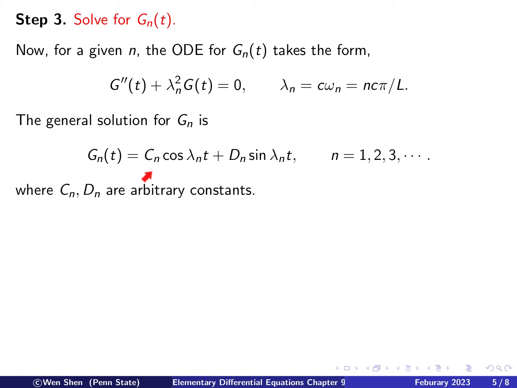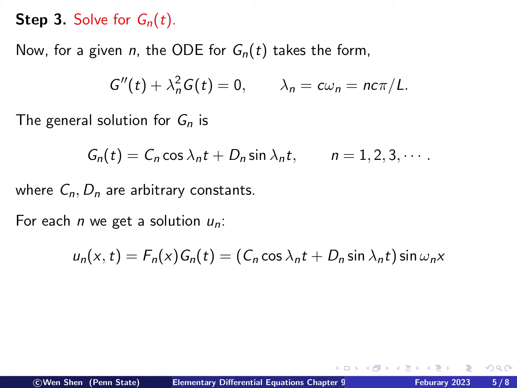So multiply this by c_n and multiply this by d_n, and you add up. Here the constants c_n and d_n are arbitrary. We have not imposed any conditions yet. And we have infinitely many of them for each n equal to 1, 2, 3 to infinity.